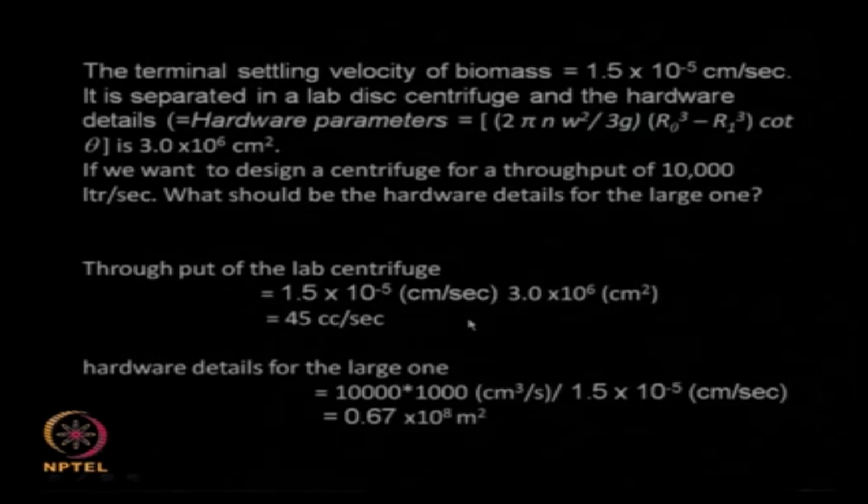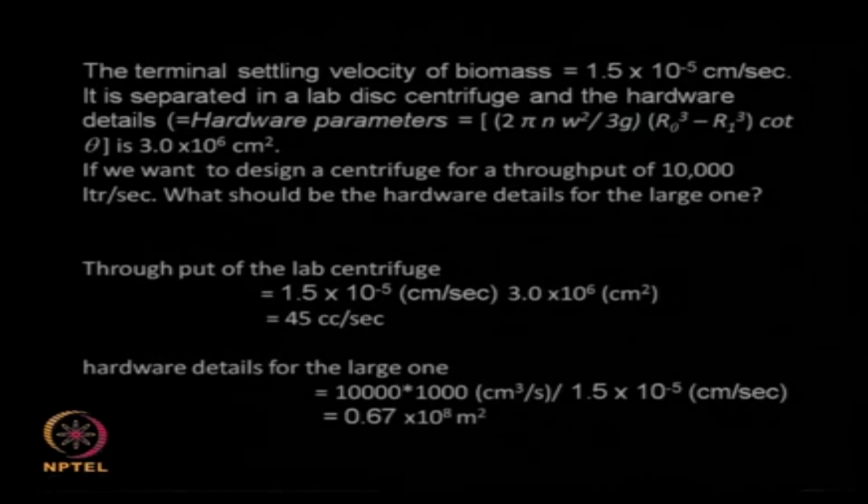So this is a very simple approach by which we can scale up centrifuges moving from the lab to full scale commercial plant. So the main assumption here is the Q, that is the throughput, is equal to the terminal settling velocity multiplied by the hardware parameter. Terminal settling velocity does not change when you scale up from small scale to large scale, because it is a function of the particle properties and the fluid properties.